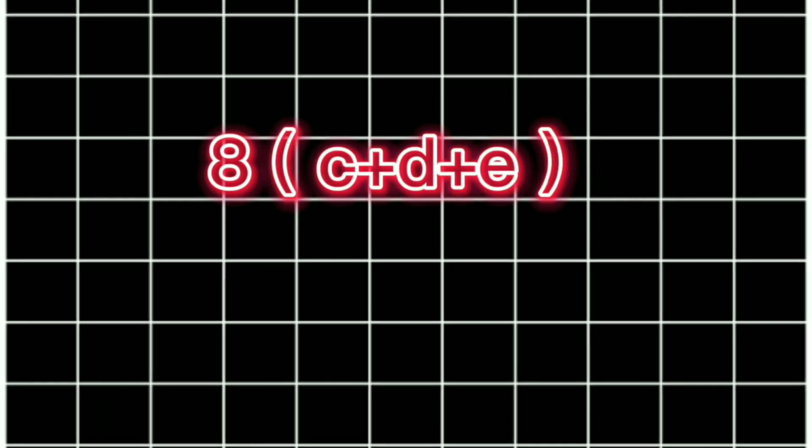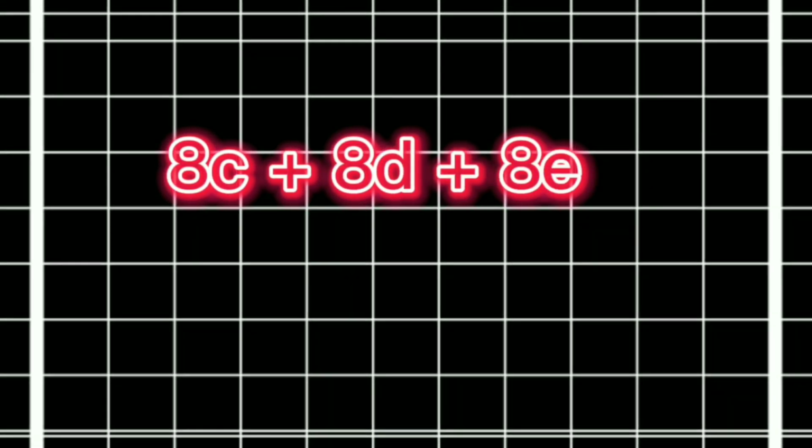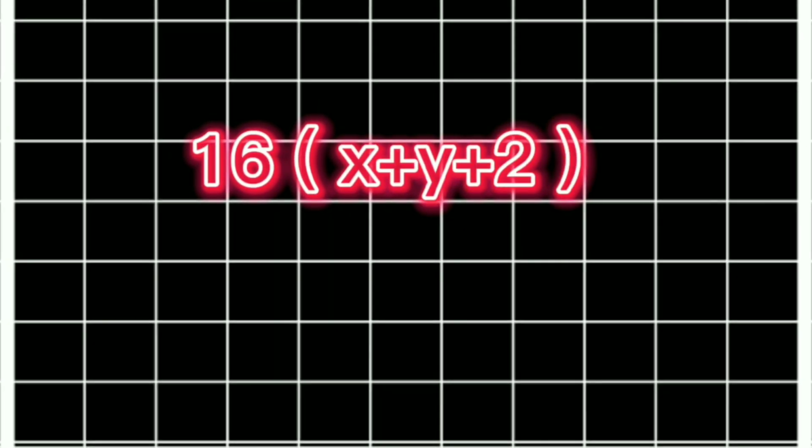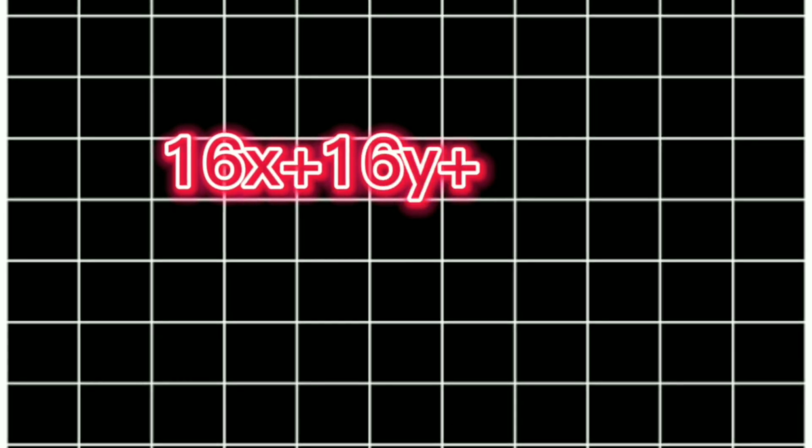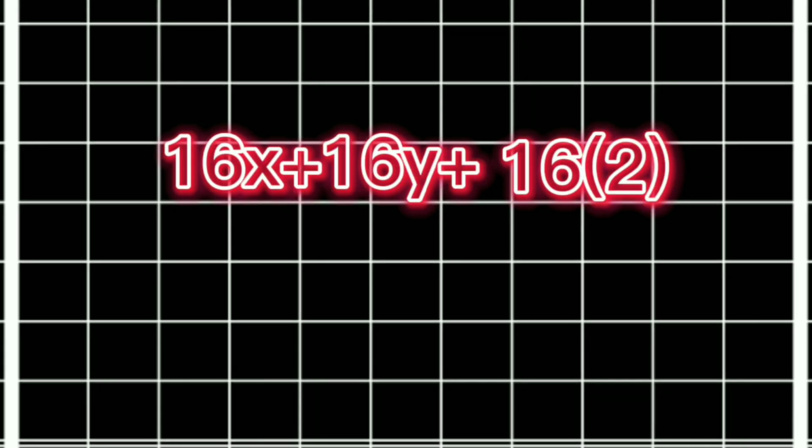I have other examples here with a combination of numbers and variables that might help you to see the patterns of the distributive property. 8 times the group C plus D plus E can be changed into the distributed form of 8C plus 8D plus 8E. 16 times the group x plus y plus 2 can be changed into the distributed form of 16x plus 16y plus 16 times 2, which is 32.